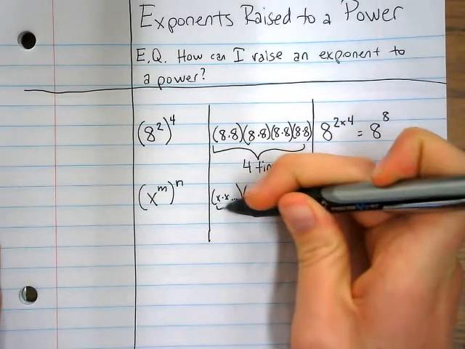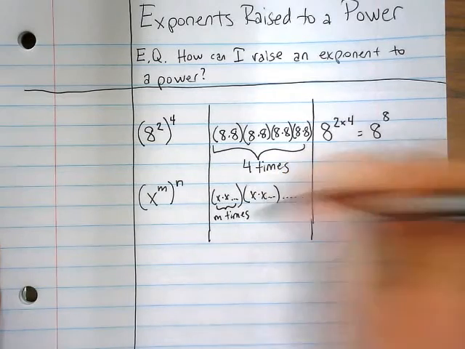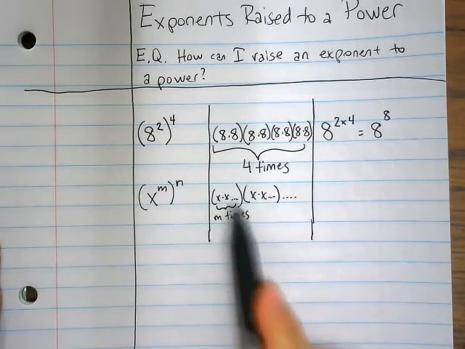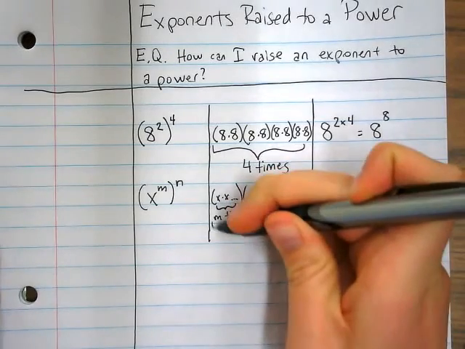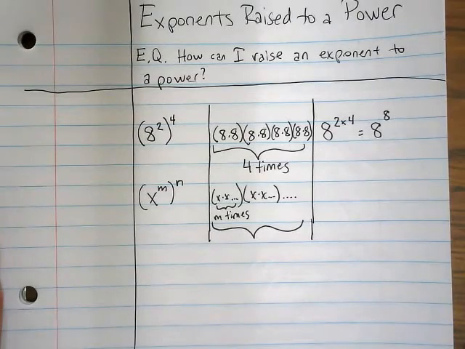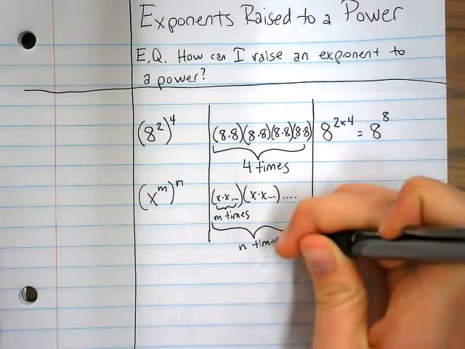So this part right here is m times, because we did x to the m. So this little part in here is m times. Whatever number m is, that's how many you'd have here. But then the whole thing right here, how many times we're going to have these parentheses, is n times.